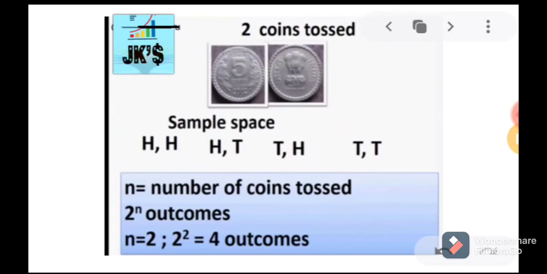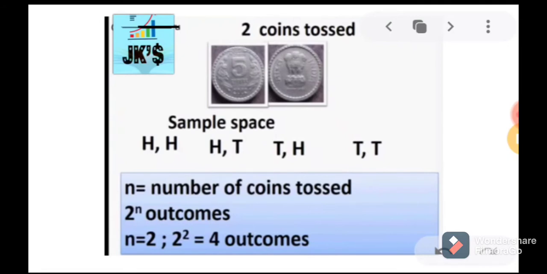So, in probability, the first random experiment we are taking is tossing a single coin. While tossing a single coin, we get head or tail.